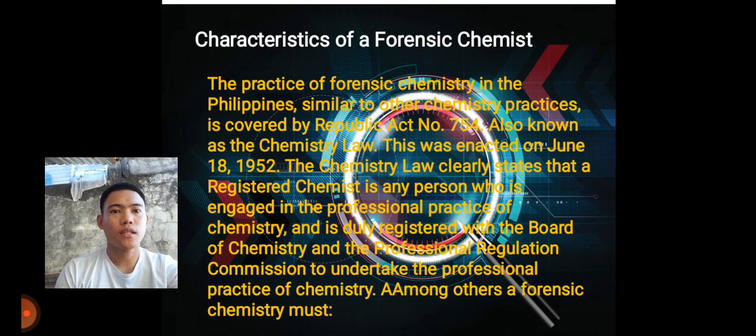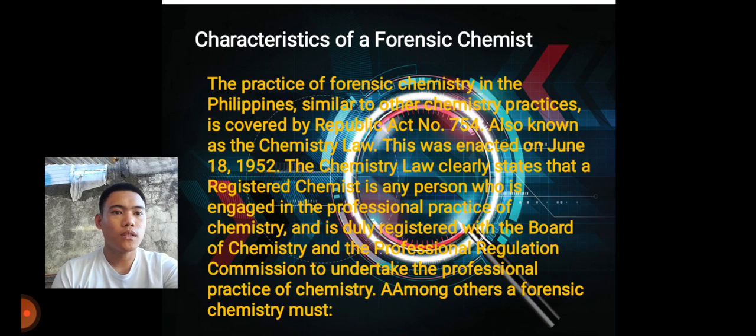Characteristics of a forensic chemist. The practice of forensic chemistry in the Philippines, similar to other chemistry practice, is covered by Republic Act Number 754, also known as the Chemist Law. This was enacted on June 18, 1952.